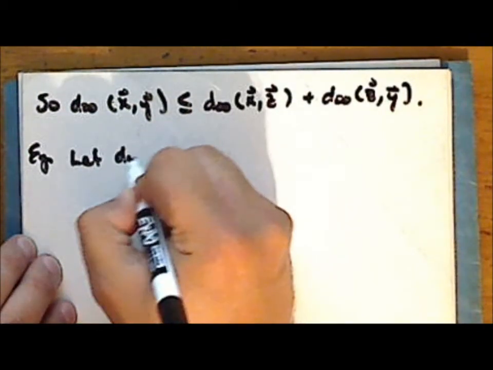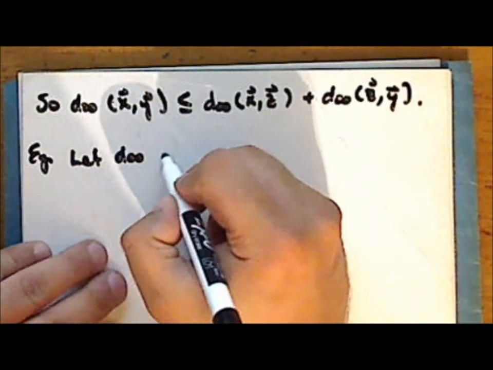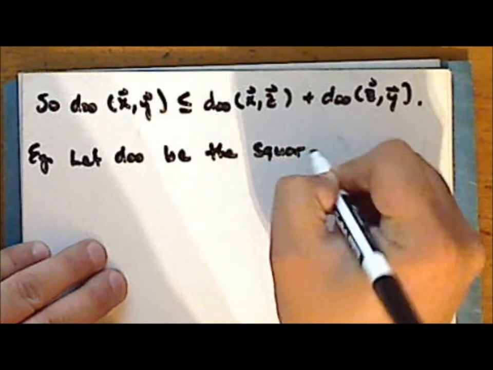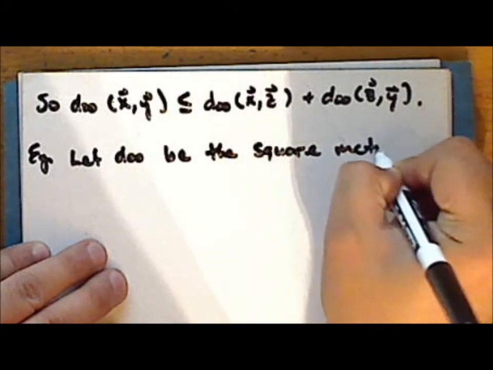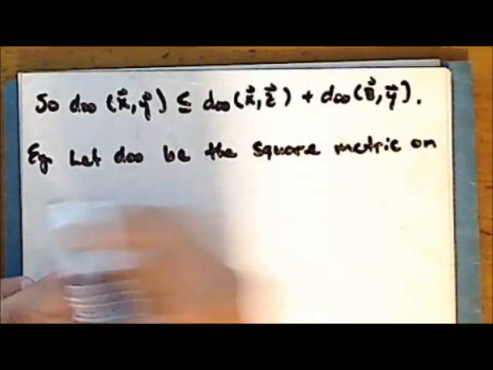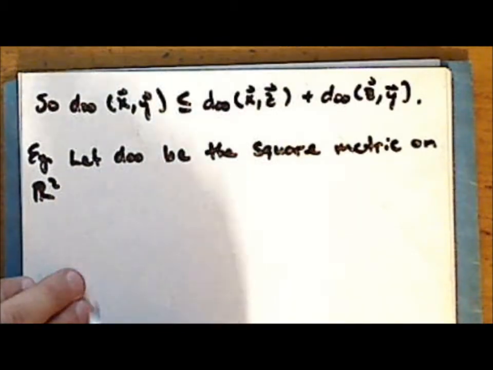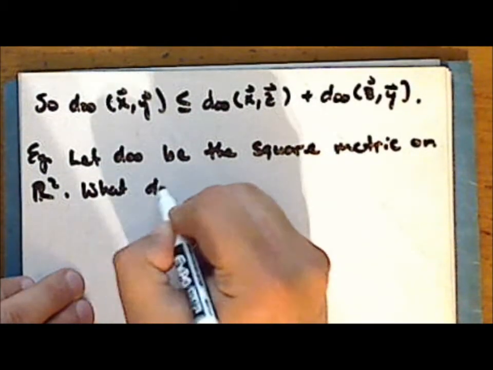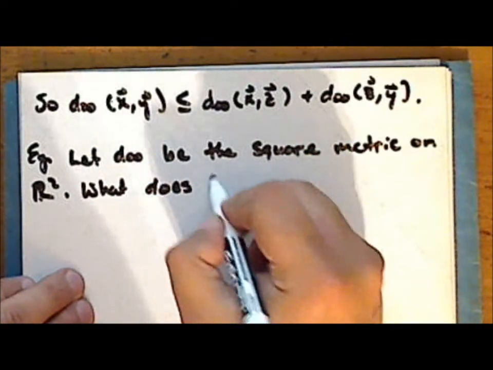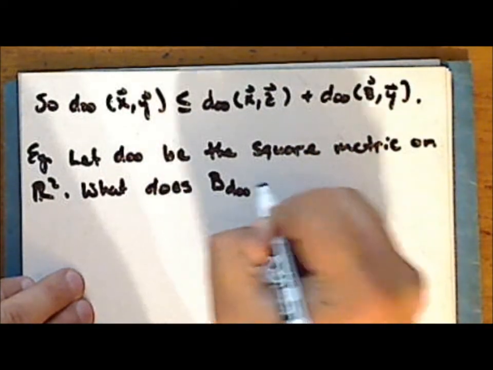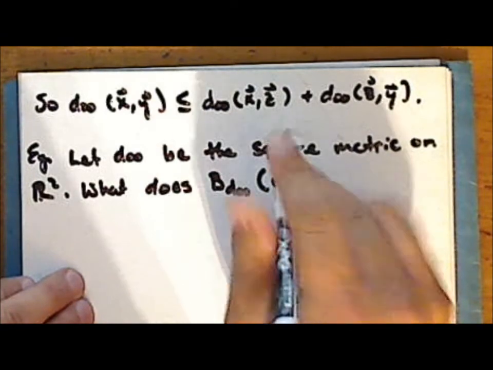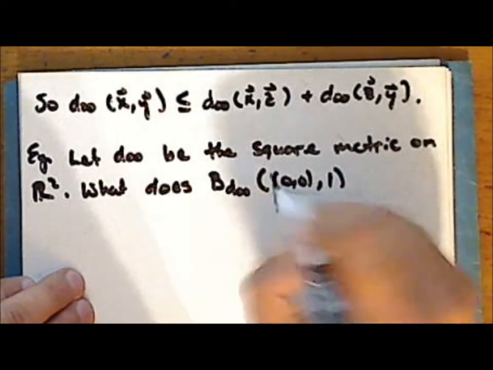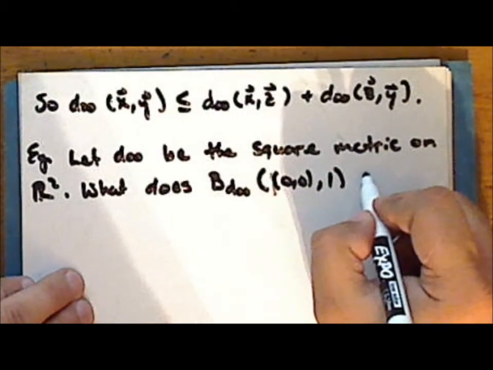So let d sub infinity be the square metric on two-dimensional real space, so in the plane again, and we look at what the open ball centered at the point 0, 0 with radius 1 looks like.